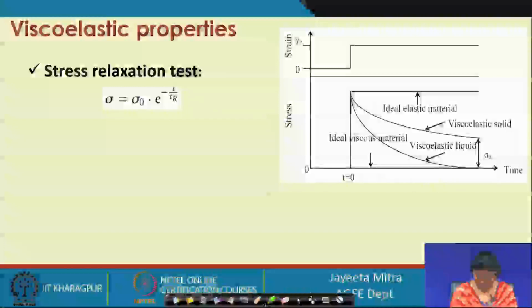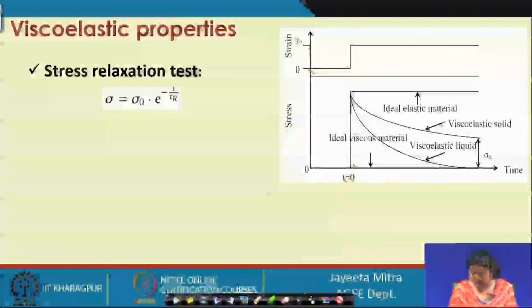So, let us see this figure first. What we are doing is, from the 0 condition, we are moving along the time scale in the x direction. At t equal to 0 we apply a constant strain gamma 0 and we maintain that strain throughout. What will happen in the stress behavior?